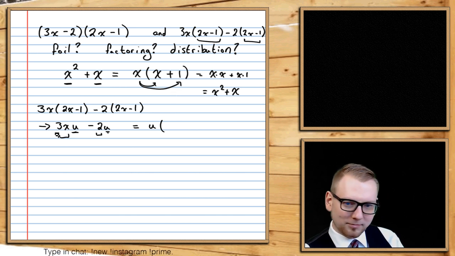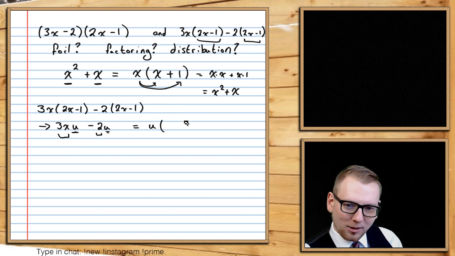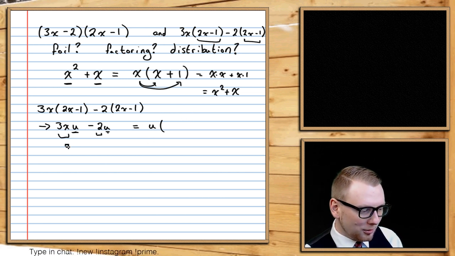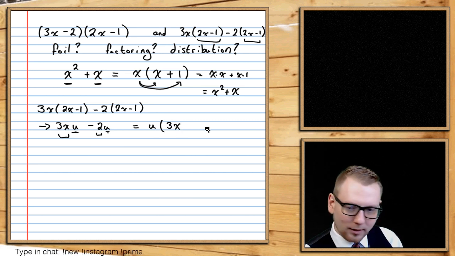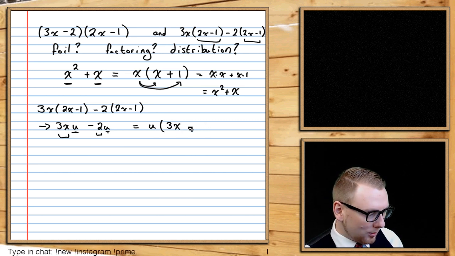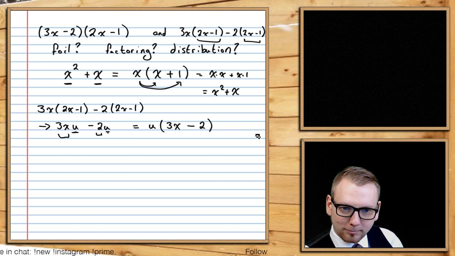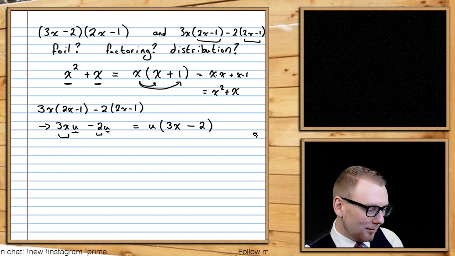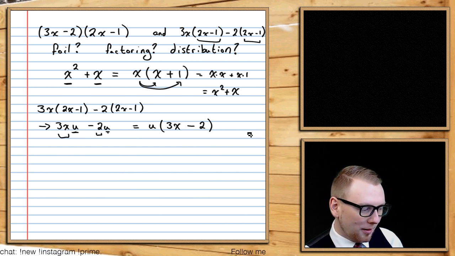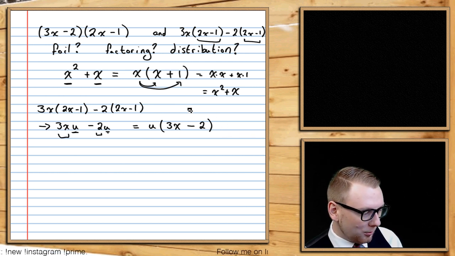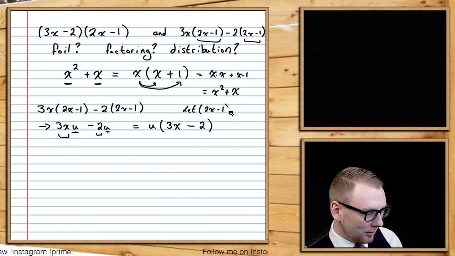Close. No, you're close. You're close. So you took out a u, but there's still the 3x here. So we have the 3x, which you were right. And then what's left, we had minus 2u, so minus 2. Okay. In truth, all I did was let 2x minus 1 equal u.